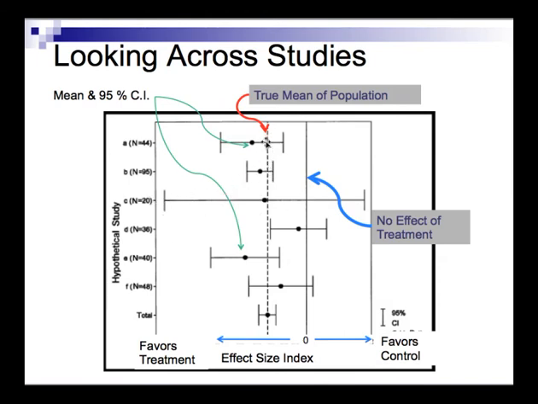Now these studies have wider confidence intervals, but they don't include no effect, right? So this study's not significant, this study's not significant, this study's not significant, and all these other ones are. They're not significant because it's unclear whether the mean or point estimate here excludes the no effect of the treatment.